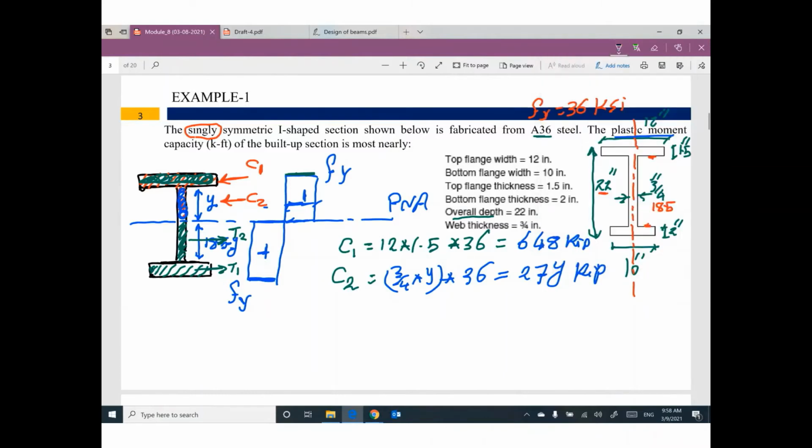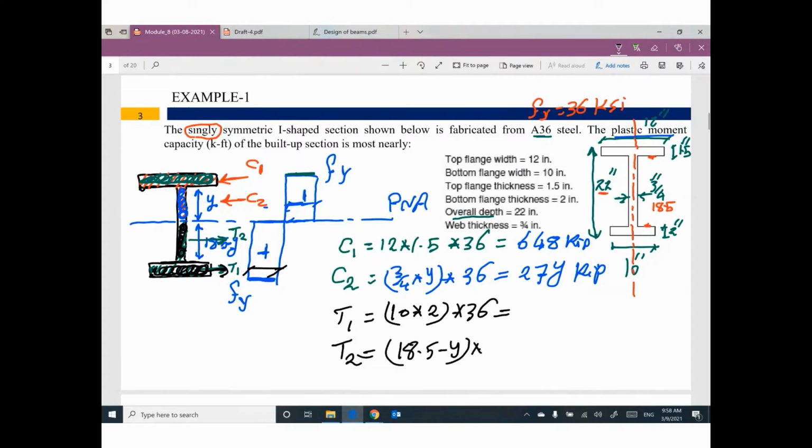Keep walking. The tension at the bottom equals the area of this flange times the stress in this flange, which is yielding. So we have 10 times 2 times 36. What is the tension in this part of the web? The area is 18.5 minus y times thickness 3/4 times F yield 36.